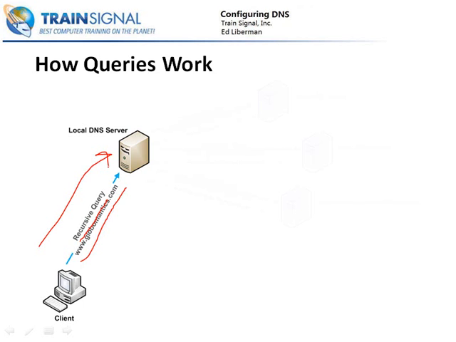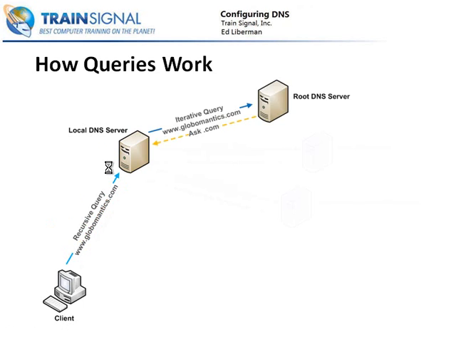So the first step of what the local DNS server does is make what's called an iterative query to the root DNS server. Right here, the root DNS server. You may remember from the DNS namespace, the top level is root. Well, out on the internet, there are a number of root DNS servers, which are the top of the namespace, or they can resolve the top of the namespace of the entire internet.